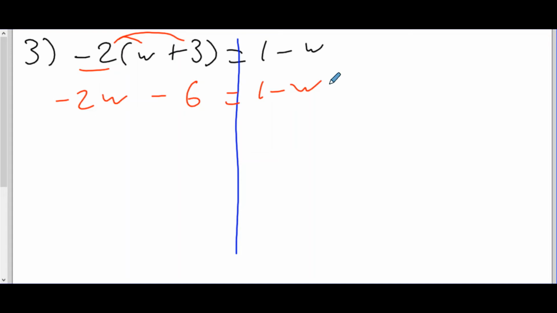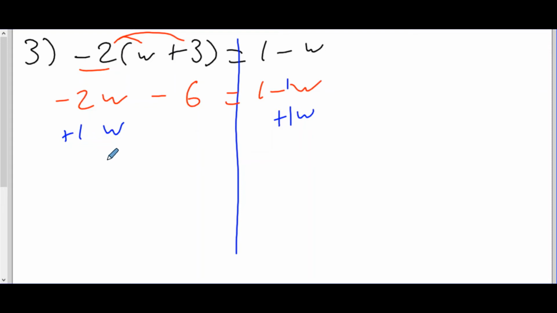Look for any like terms on the same side. No like terms here, no like terms here. Now I'm going to move my w's to the same side. I'm going to choose to move this one over to this side, so I'm going to add w, and if you want, you can put the 1 there to remember it's 1w.